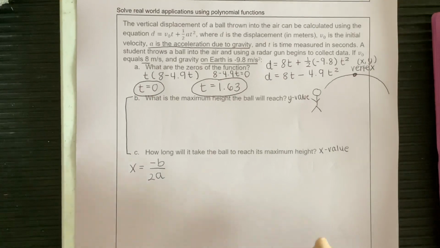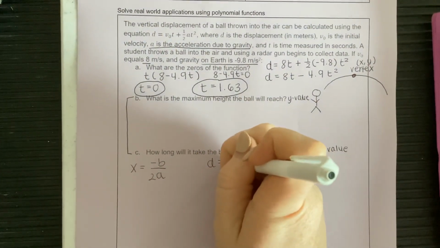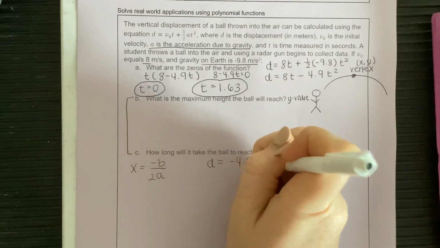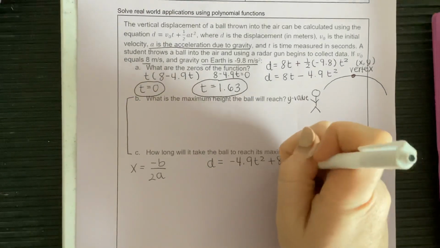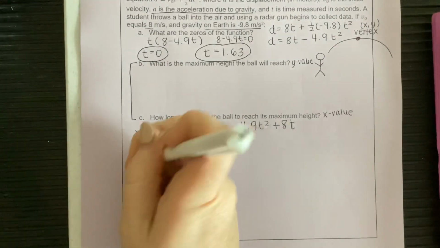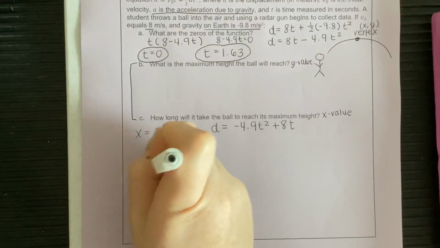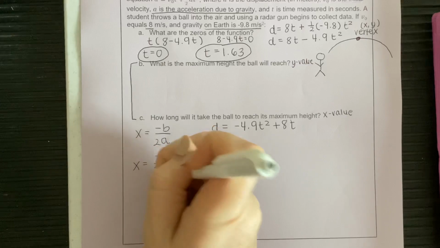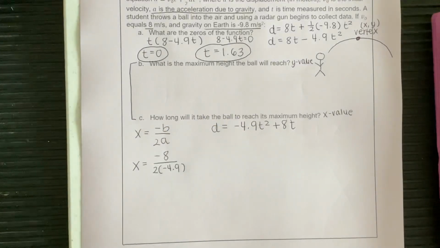Now this is in the wrong order, so let's write it in the right order so that your a value and your b value are in the right spot. So if we start to plug in to this equation, x is equal to negative b, which is negative 8, over 2 times A, which is negative 4.9.